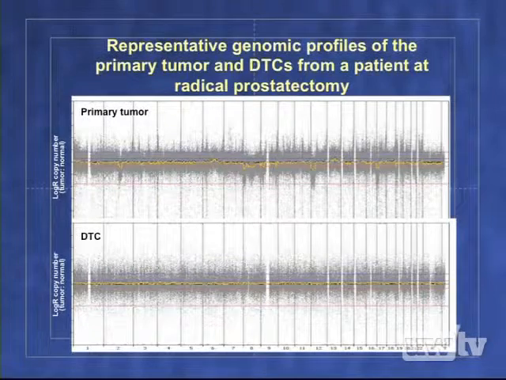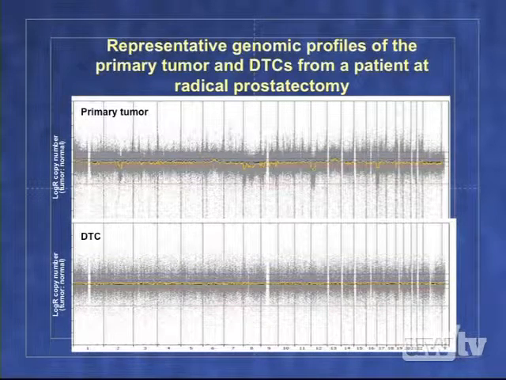Here's a representative genomic profile of a primary cancer and the DTCs from that same patient at the time of radical prostatectomy. You will see the primary tumor shows focal abnormalities, focal deletions here and there, but the DTC cells look pretty clean.